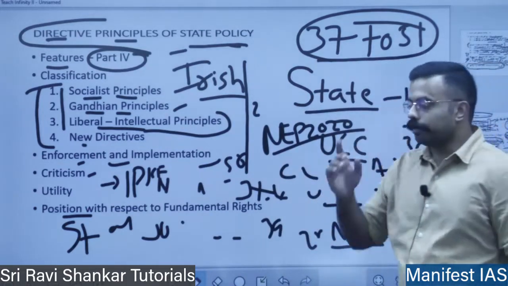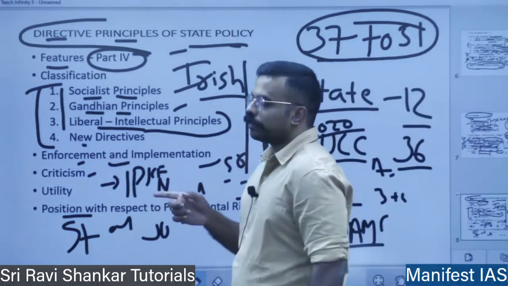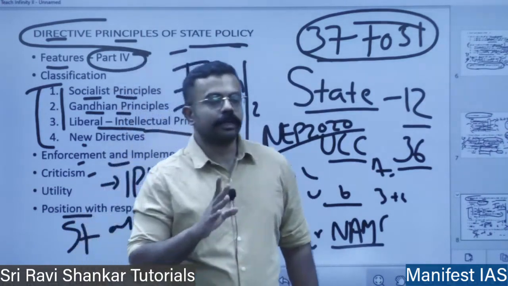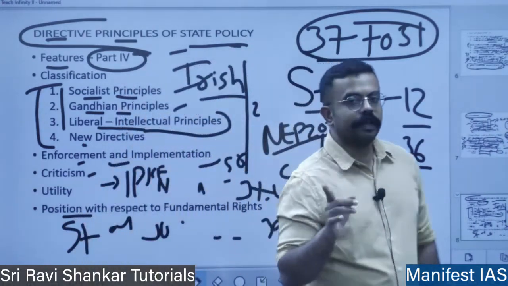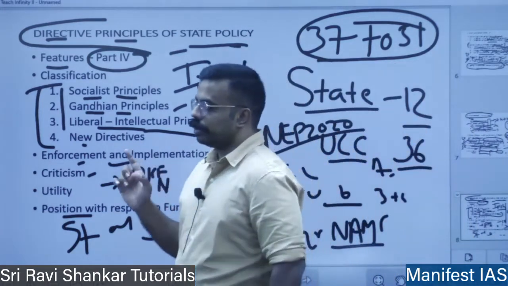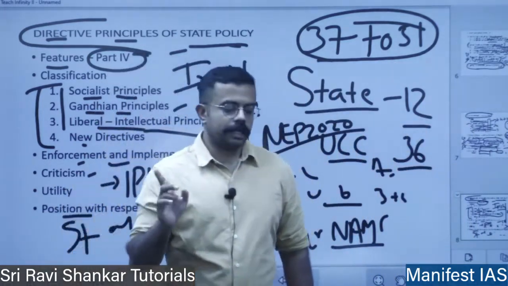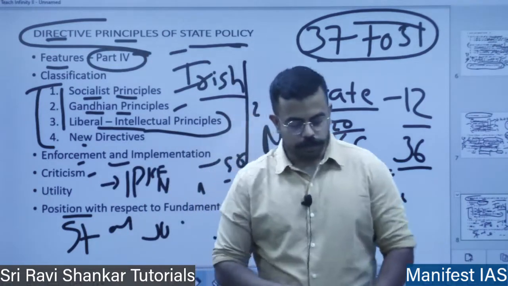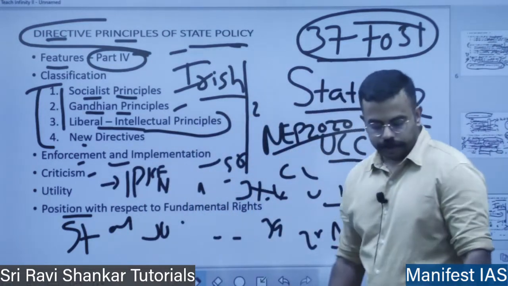So both are equal. It's like two wheels of a cycle. Without one wheel moving, another wheel cannot; with a single wheel, you cannot move forward. So fundamental rights and directive principles are both equally important.